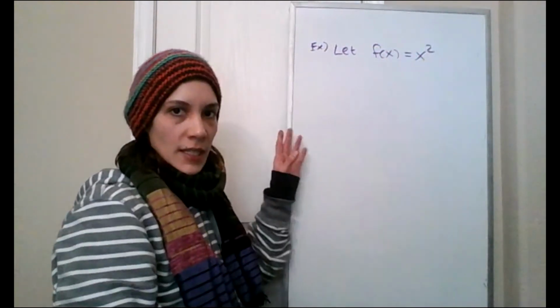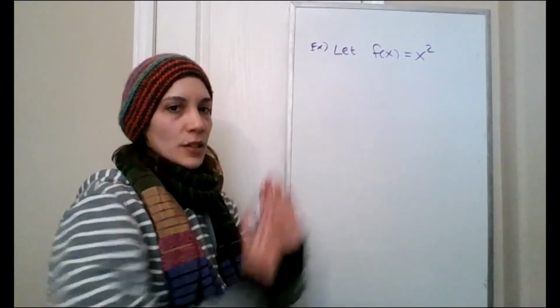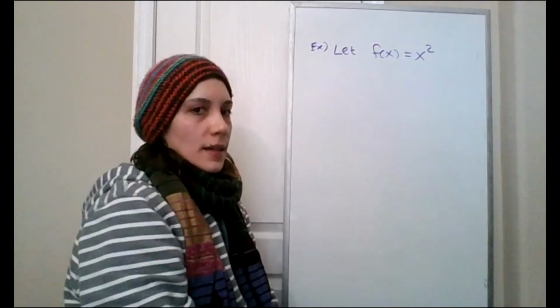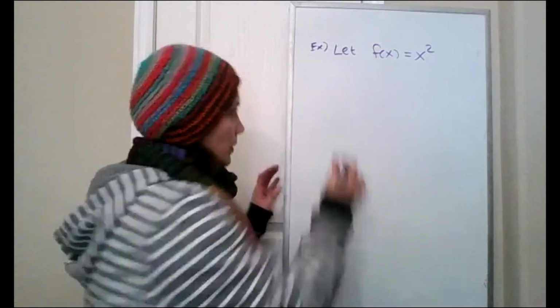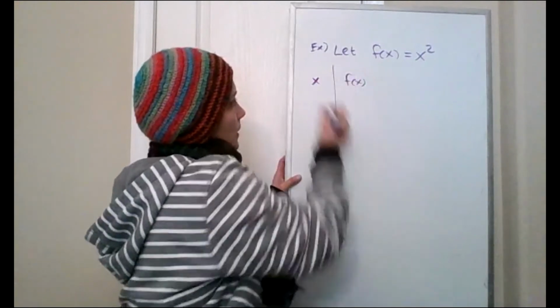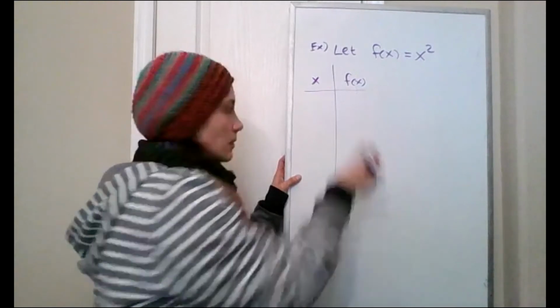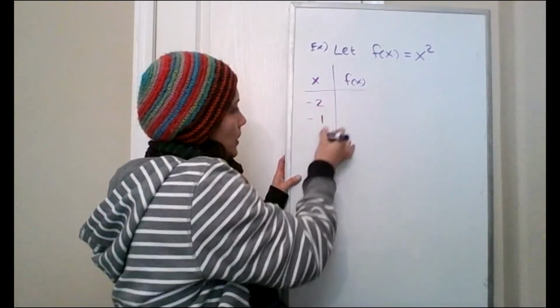The function is f. f of x is x squared. So f takes x to x squared. Usually you probably did a table, like inputs, outputs, and just pick some inputs at random, like -2, -1.